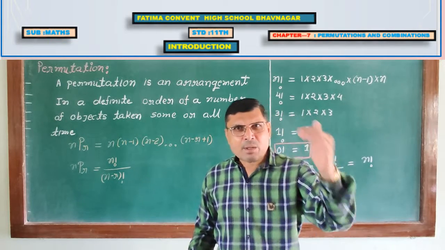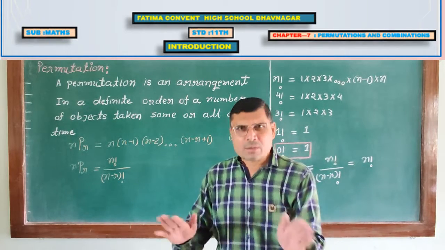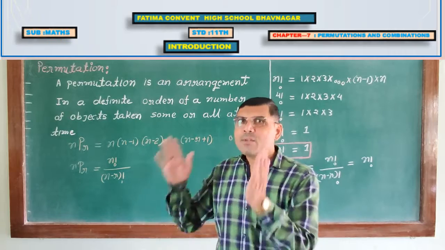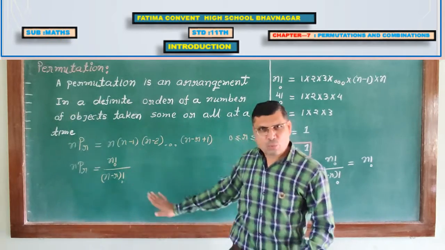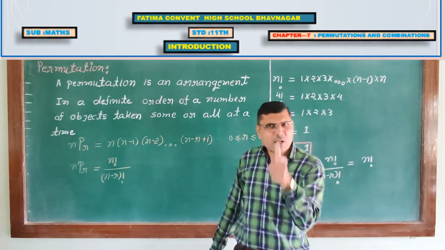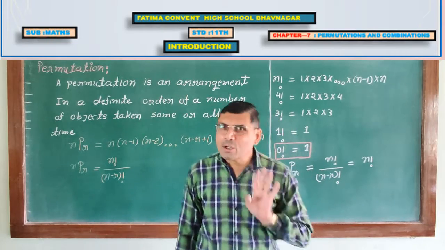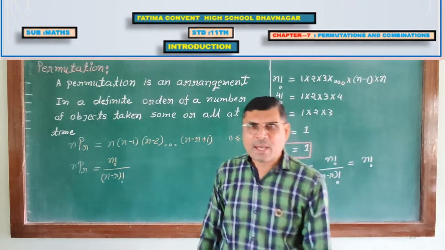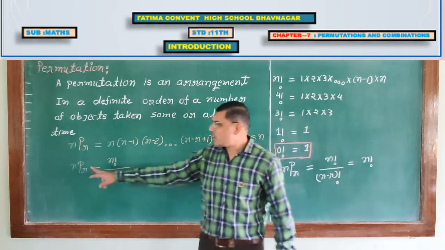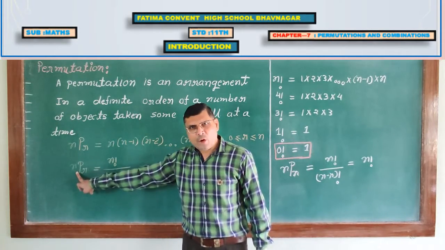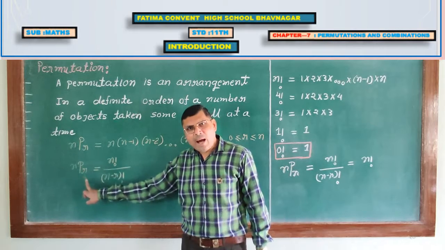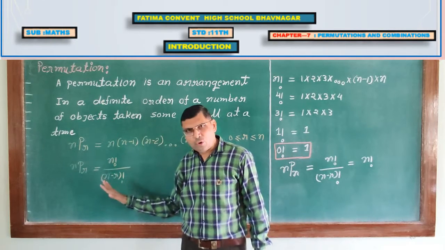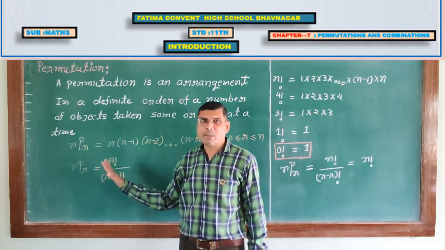Whatever sum you select, you can use the same formula there also. But the small difference is repetition is not allowed. Without repetition, whenever a question is there, out of n objects, if you want to select r objects, then this is the formula. So please remember it.